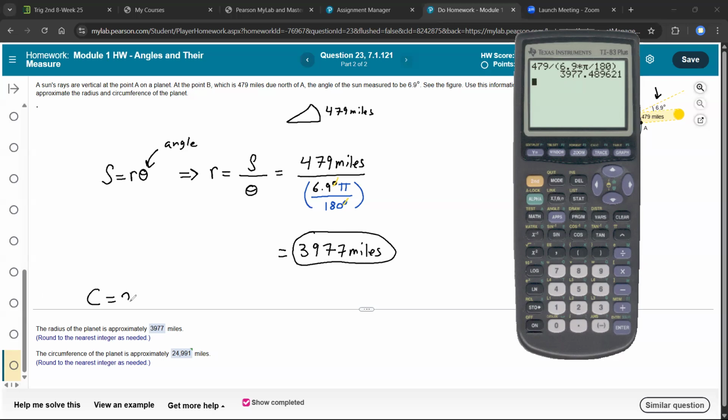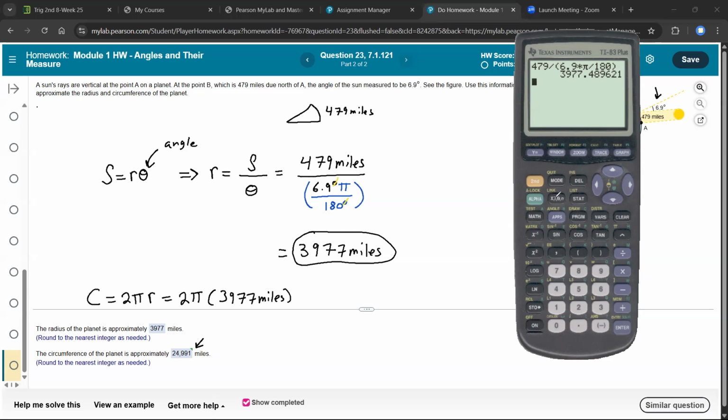Circumference is 2 pi r. So this is 2 pi. Specifically for my problem, 3,977 miles. And I'm going to show you that we're going to get kind of an error here. Okay. So if I type this in my calculator, I will not get the correct answer.